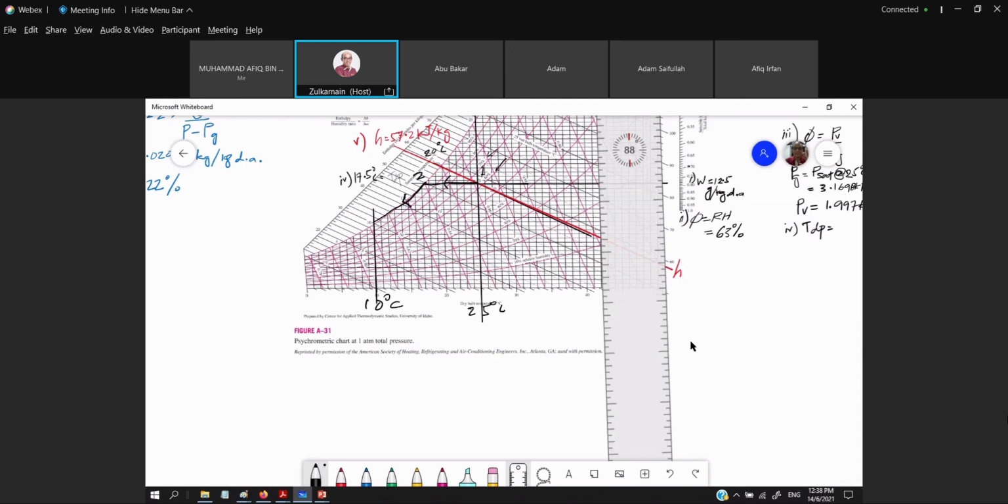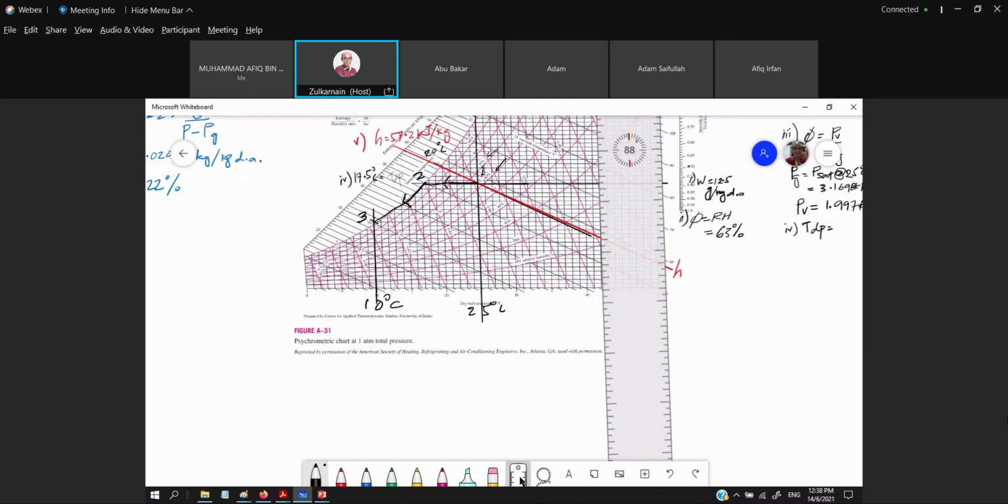So this is point 3. That is our process. We have the cooling process, 1 to 2 involving sensible heat, and then 2 to 3 involving latent heat. There is condensation from 2 to 3, so it's latent heat. Alright? So that is the process.